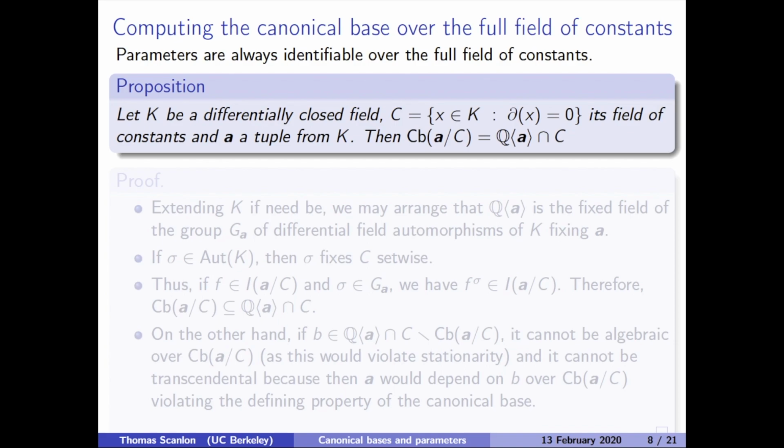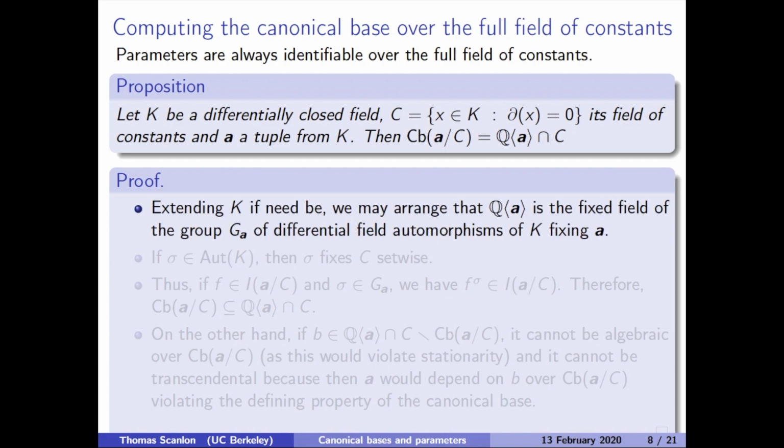That you can compute by knowing just one solution. I know one solution to the equation. I can compute its canonical base over the full field of constants just from that. All right, so this is actually pretty close to the full proof that we have on the screen here. So I'm going to go through the whole proof of this.